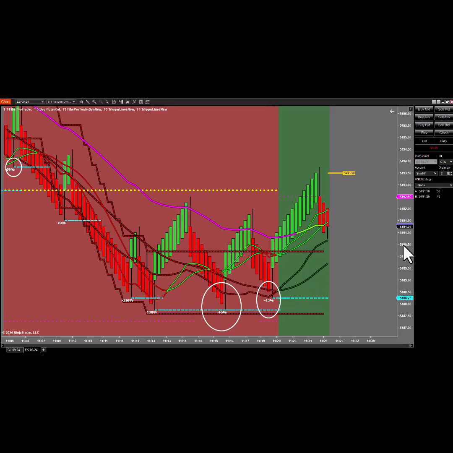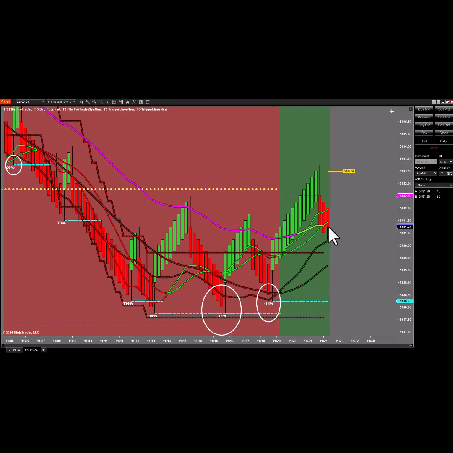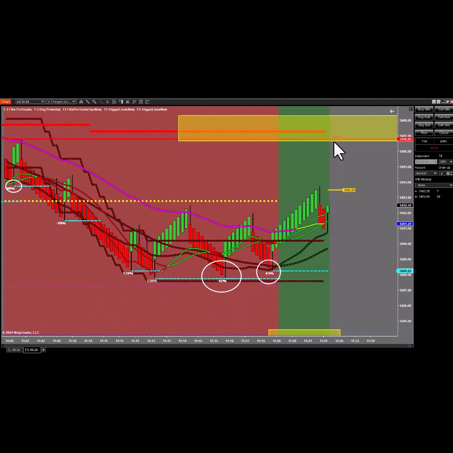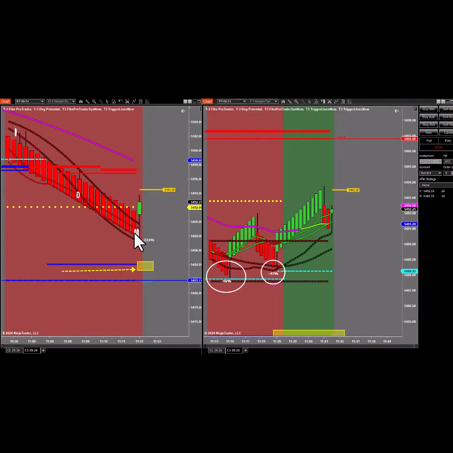Now, just read your trigger lines here. Does that look like time to go short? Or in the short term, would you think that it would be more likely we go up to resistance with this trigger line look? Now, I'm not advocating counter trend trades against the wrong look on the big chart.